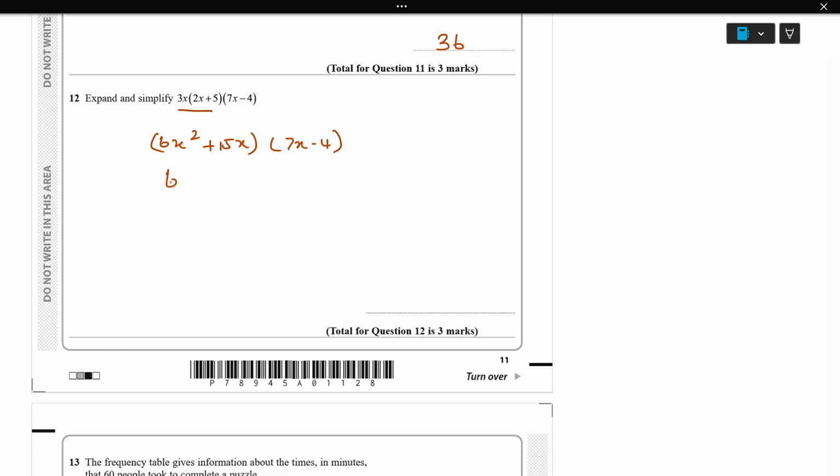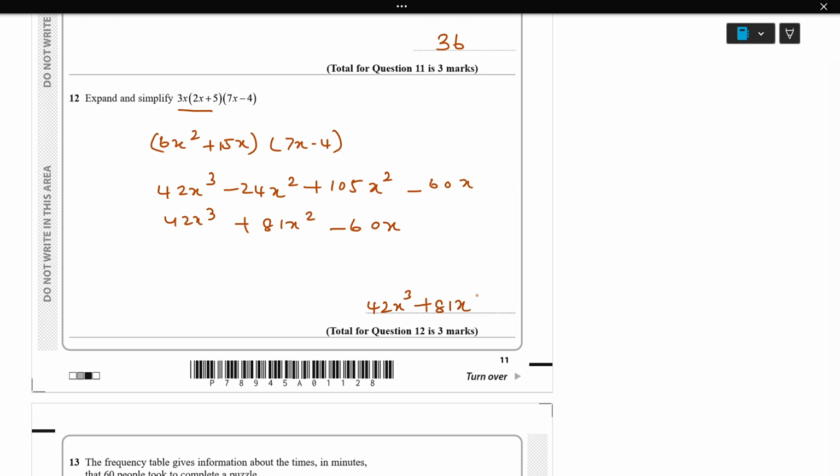Now I'll expand: 42x³ minus 24x² plus 15 times 7 is 105x², minus 15 times 4 is 60x. 42x³, minus 24 plus 105, which is going to be 81, plus 81x², minus 60x. That's the answer: 42x³ + 81x² − 60x.